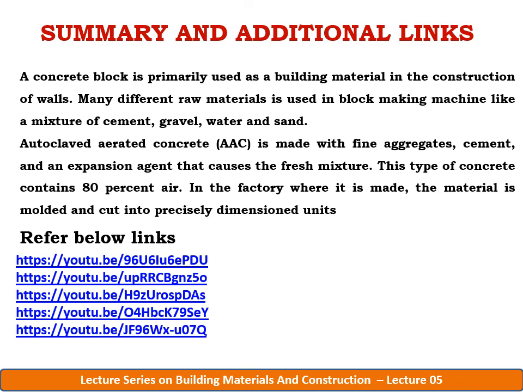In case of autoclave aerated block, it is made with the fine aggregate, cement and an expansive agent that causes the fresh mix to rise. In the factory where it is made, the material is molded and cut into precise dimensional unit.